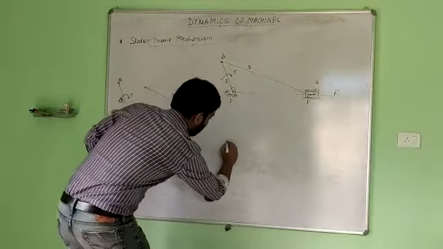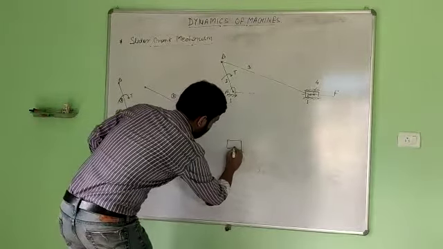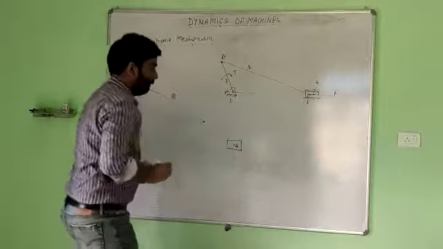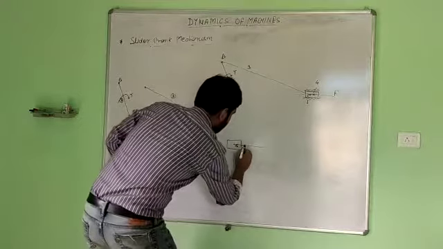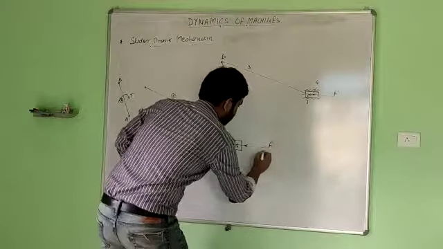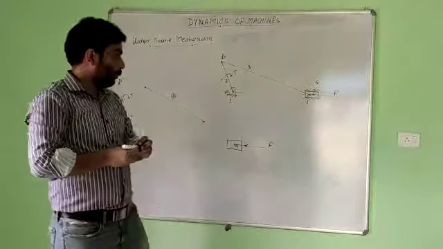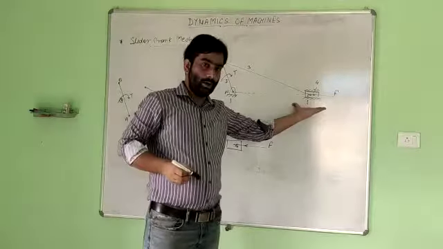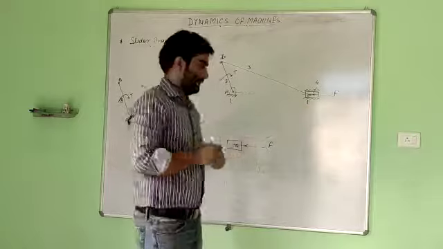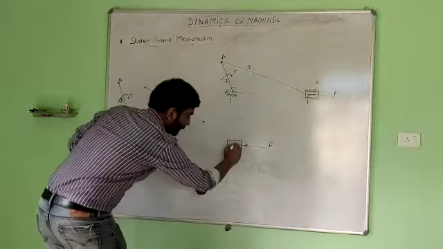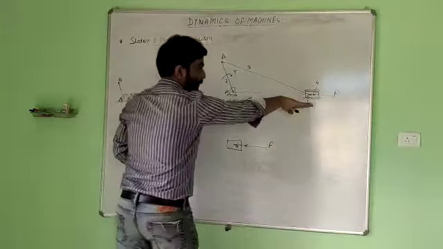Now link 4 is subjected to an external force F. We have one support here, the horizontal support. The horizontal support always provides one reaction in the perpendicular direction.